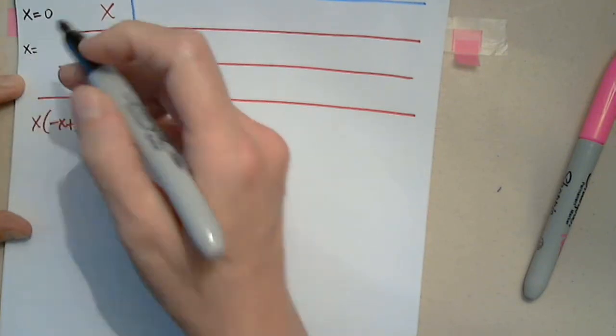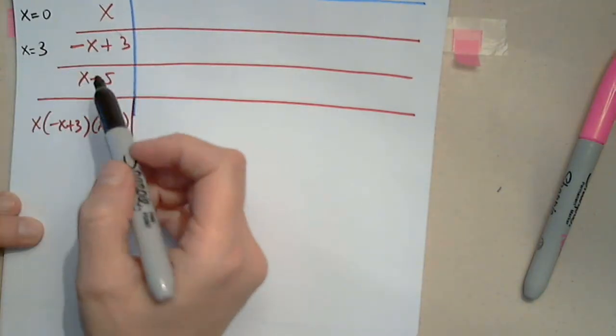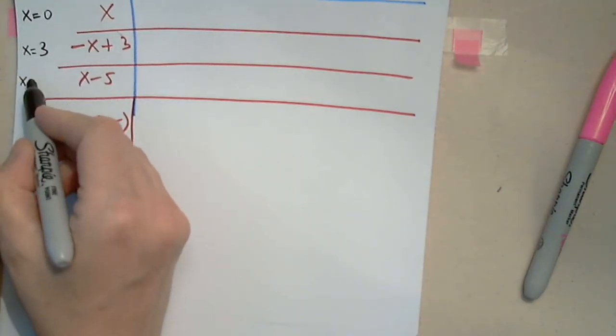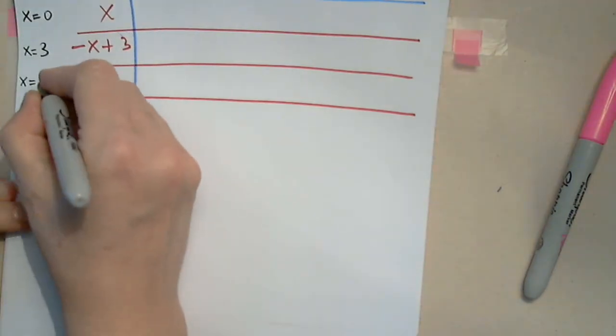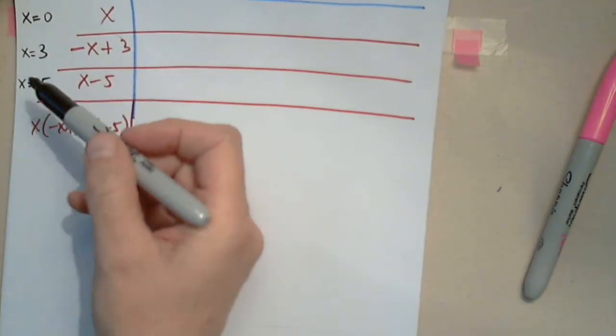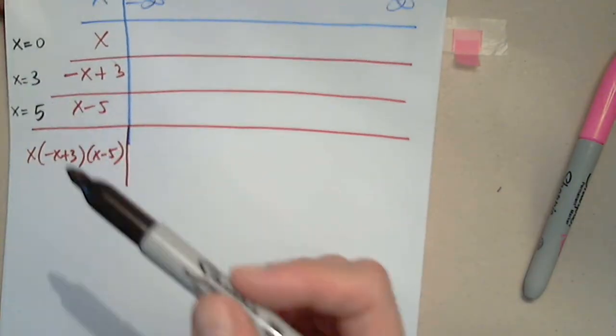For x equals 3. Perfect. When is this quantity 0 for x equals 5? Very good, awesome. Great job. So I'm going to put these numbers in the correct order up here. And no other number is required.